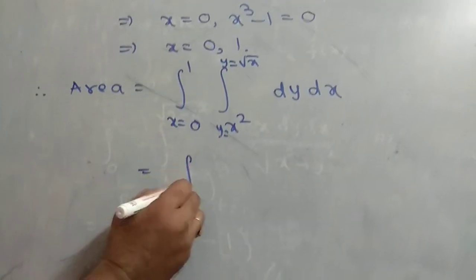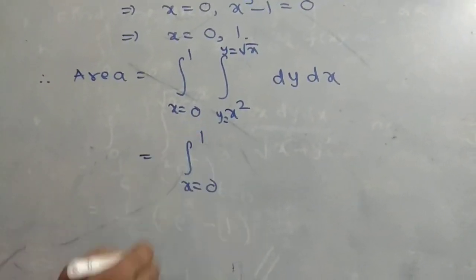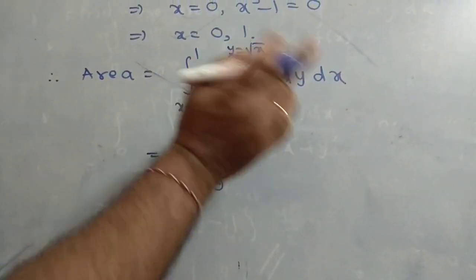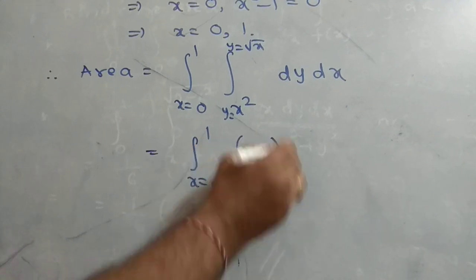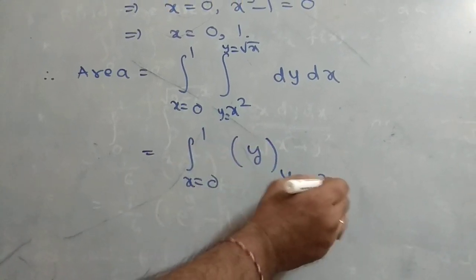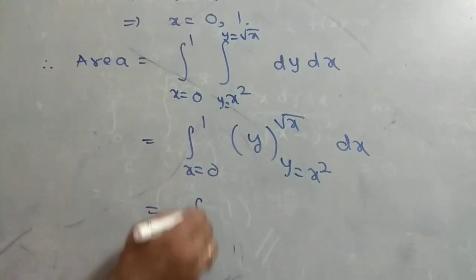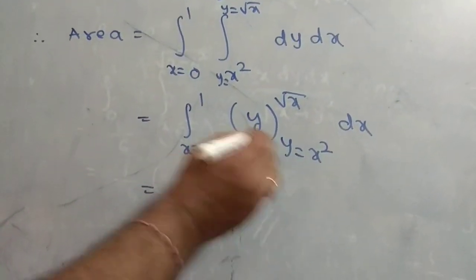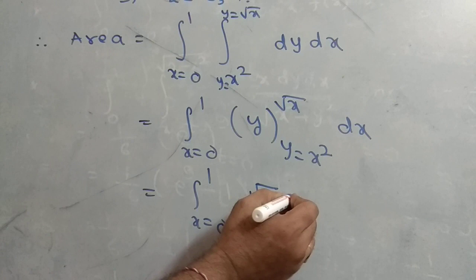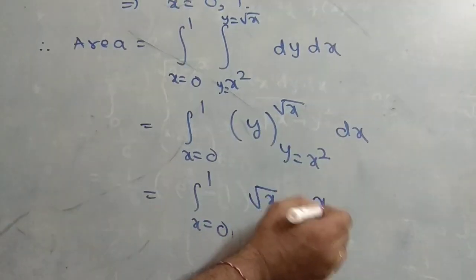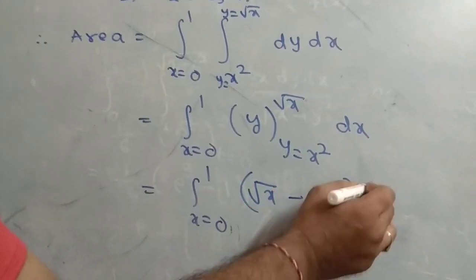So this is equal to x from 0 to 1. Integral of 1 is nothing but y. So you are writing the limits x square to root x and here it is only dx. So integral x equal to 0 to 1, the root x upper limit minus the lower limit x square, dx.